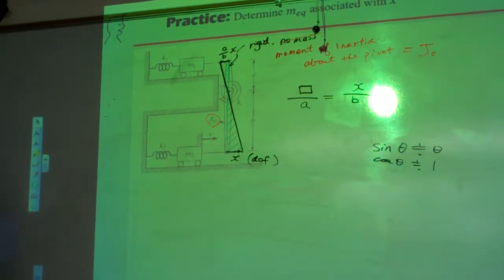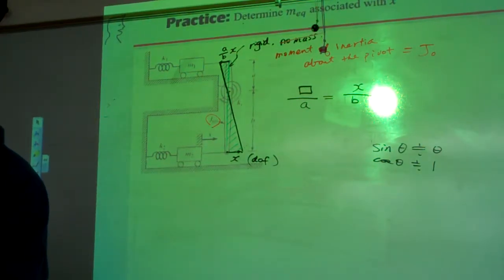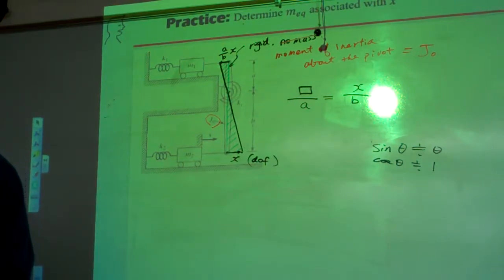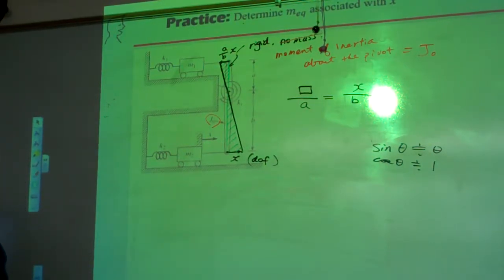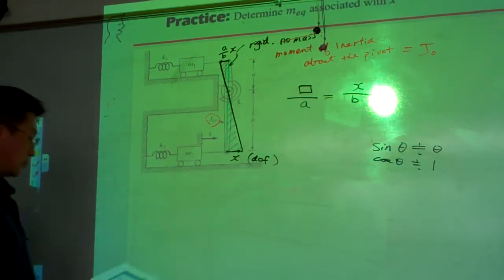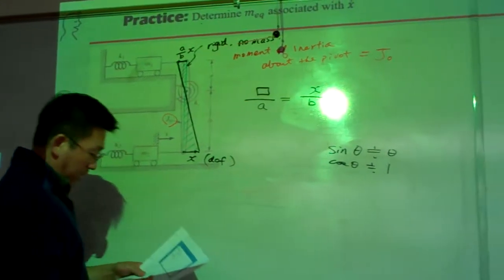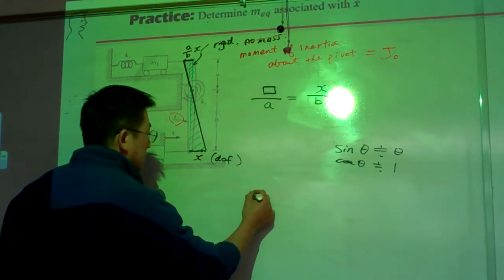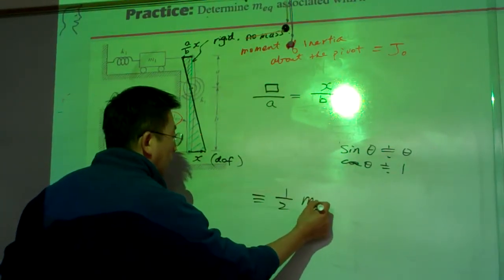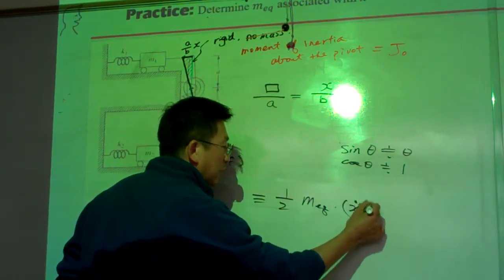With everything ready, we can begin to calculate. The first thing we're going to determine is MEQ. For the equivalent system, the description is 1/2 MEQ multiplied by the degree of freedom velocity squared.